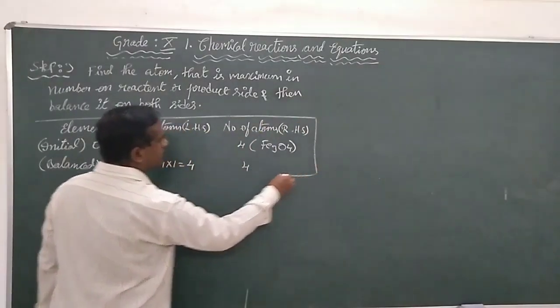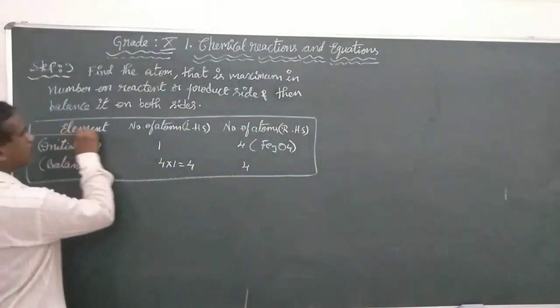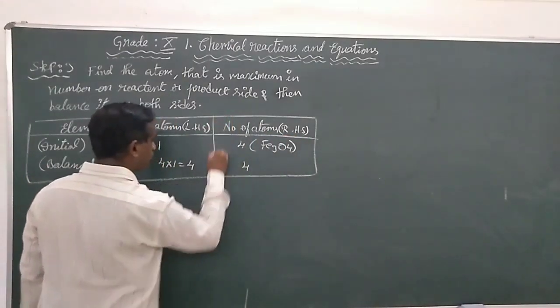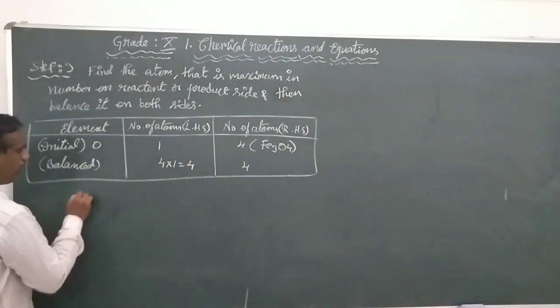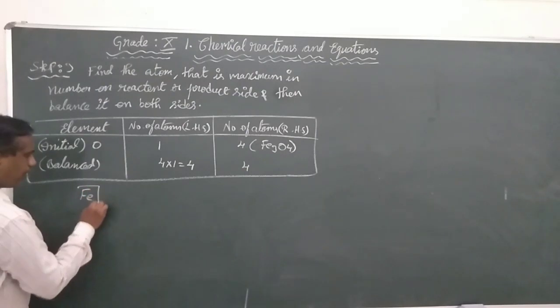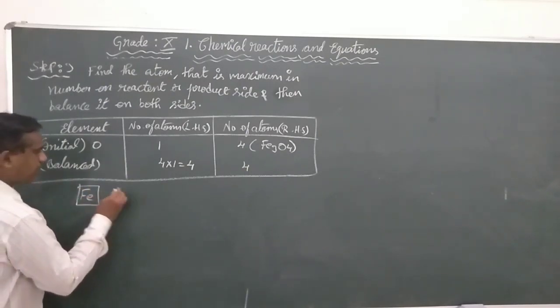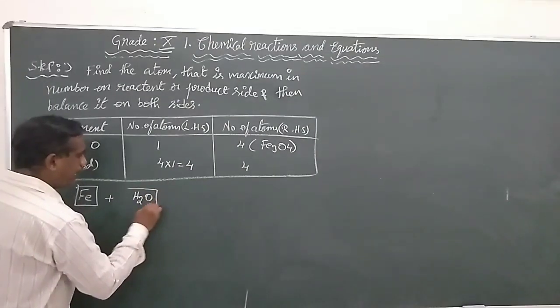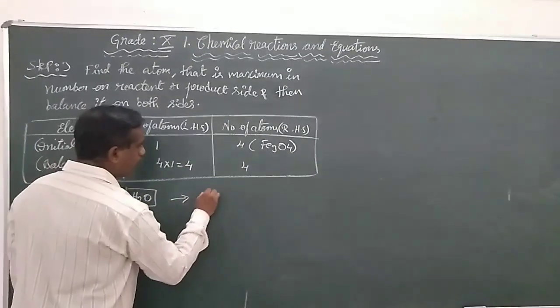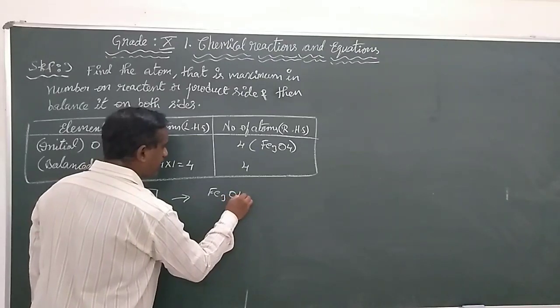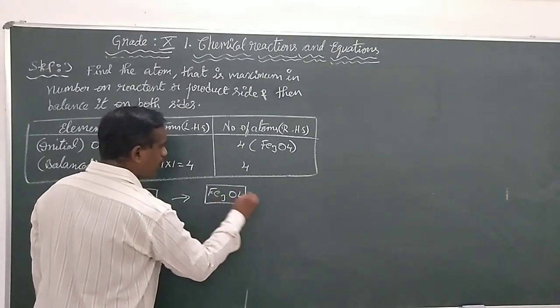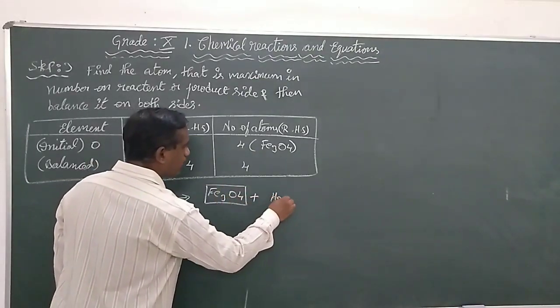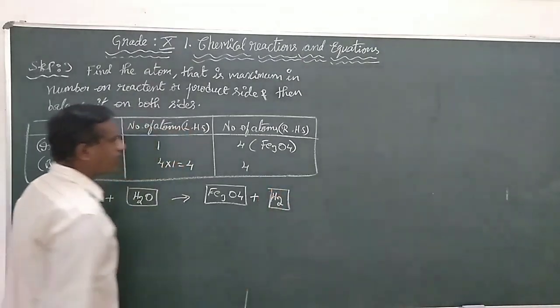Every time place it in a box. So let us see the equation now. Equation will be written as Fe plus H2O gives rise to Fe3O4 plus H2 is the equation.